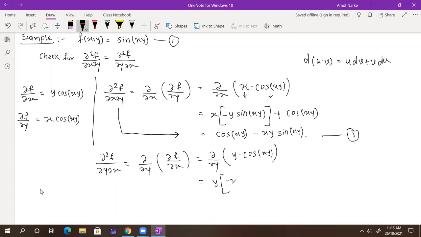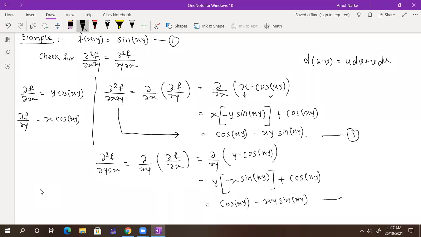Minus x sin xy. Am I correct? Then plus, what about this? Only cos xy. And then what you will get: cos xy minus xy sin xy.